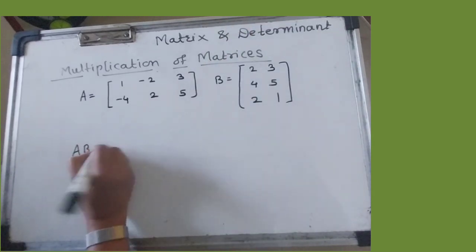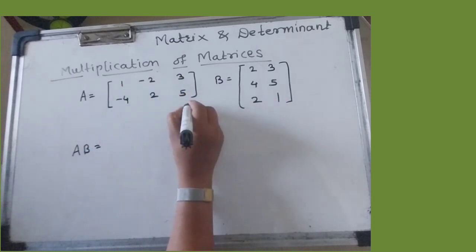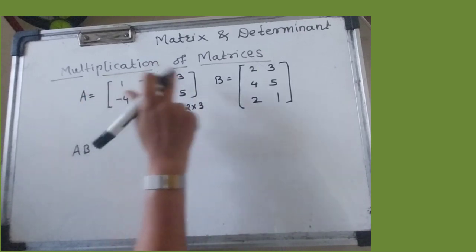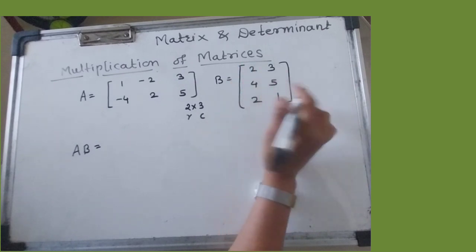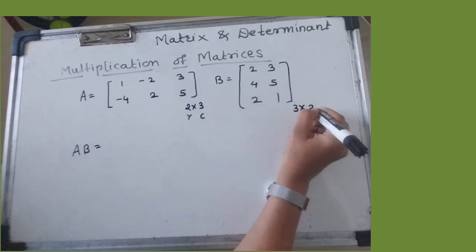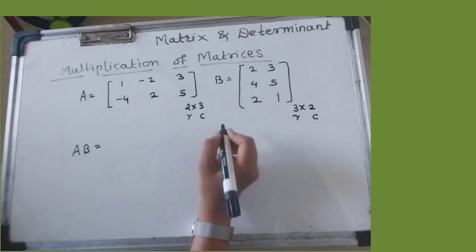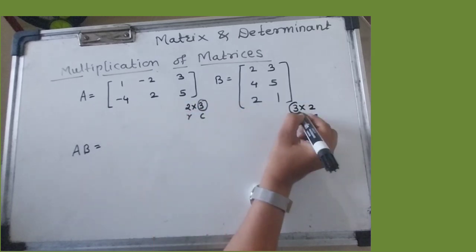Product, multiplication. What is the order of this matrix? Order of this matrix is 2 by 3. 2 rows, 3 columns. Again, here 1, 2, 3, 3 by 2 for B. So our condition is satisfied here. Number of columns of first matrix is equal to number of rows of second matrix.